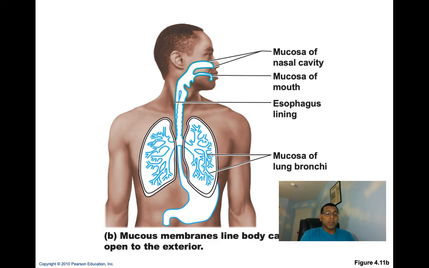Now, the tissue type can be either stratified squamous or simple columnar epithelia resting on top of a layer of loose connective tissue called lamina propria.